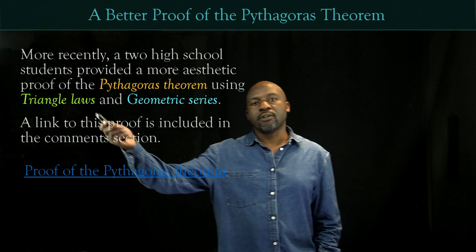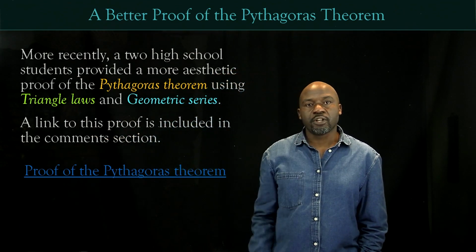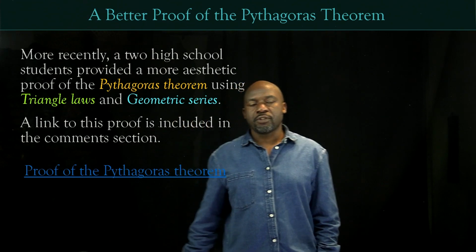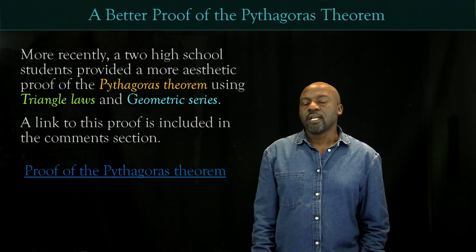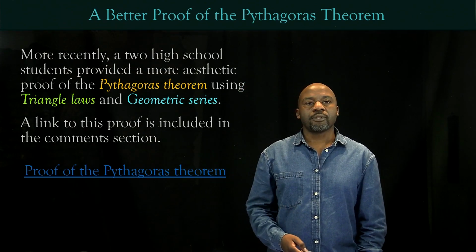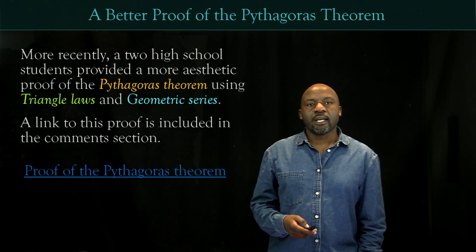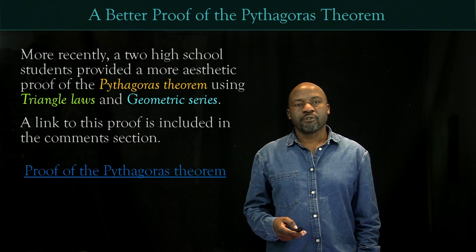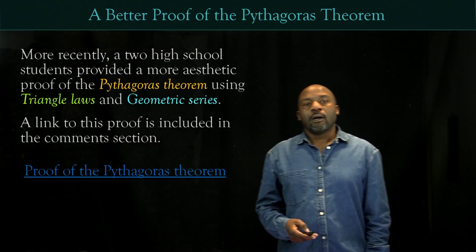This proof relies on trigonometric laws, the sine law and the cosine law, and on geometric series, plus a bit of similarity and congruence, basically similarity of shapes. Take a look at that, and hopefully you understand how that proof comes about. It's not difficult, it's actually very, very interesting.